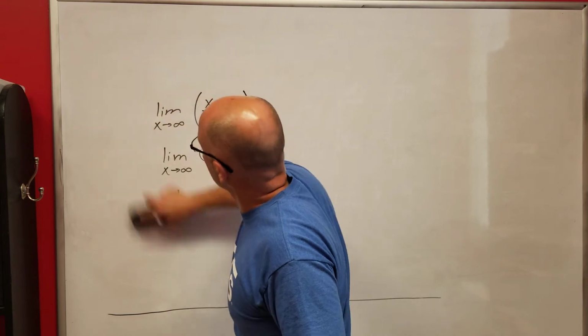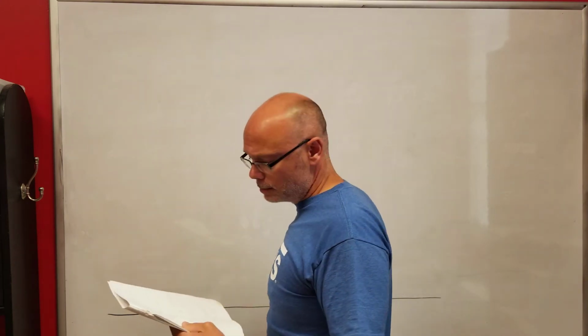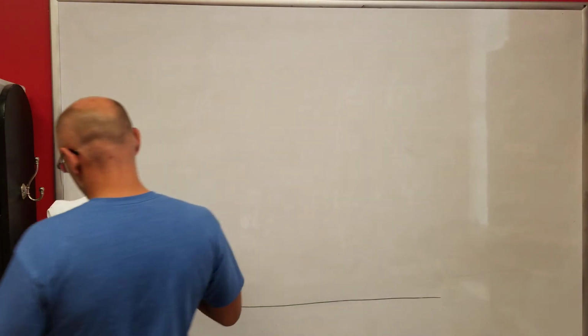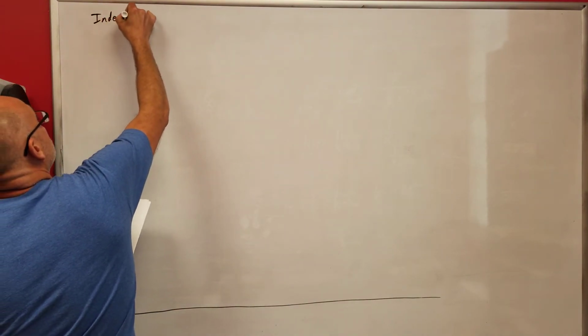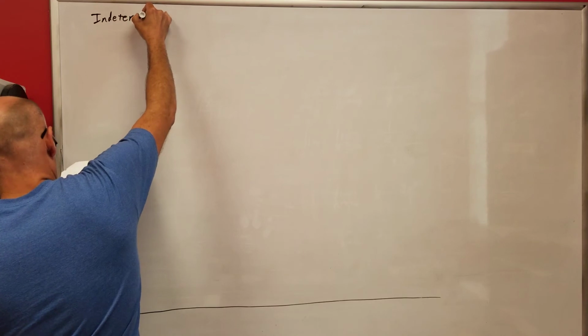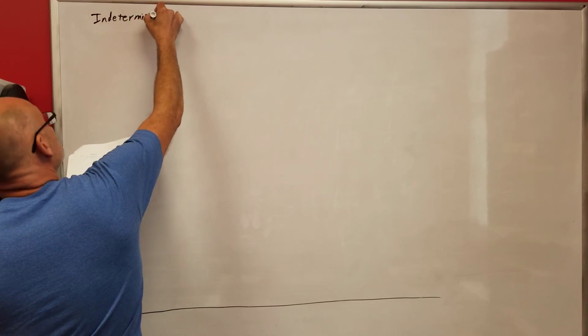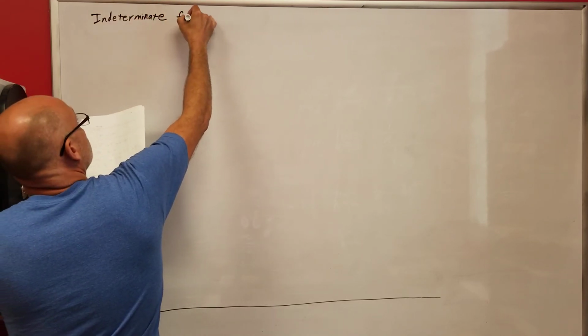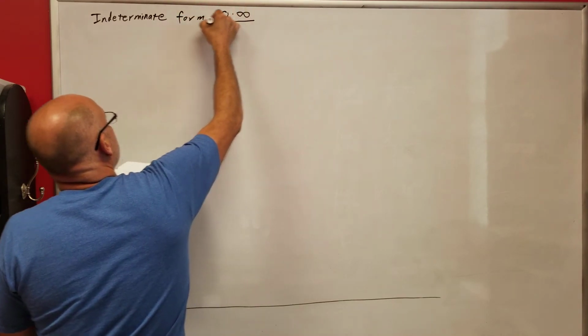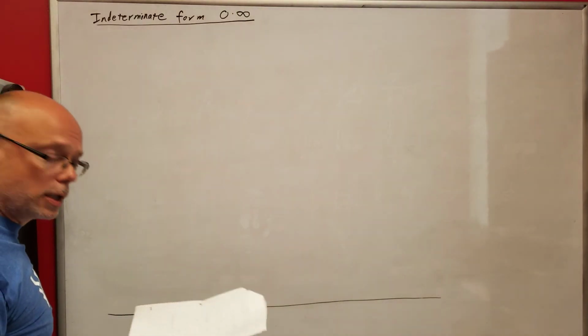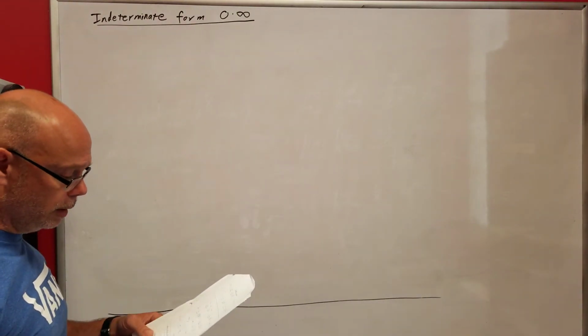All right, so let's look at how we deal with infinity times 0 or 0 times infinity. So I'm going to say indeterminate form 0 times infinity. Now this means 0 times infinity or 0 times negative infinity, either one. Okay.